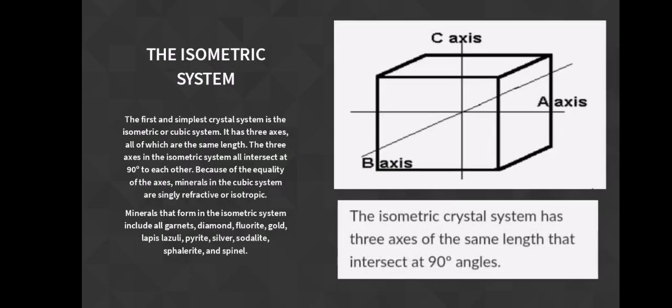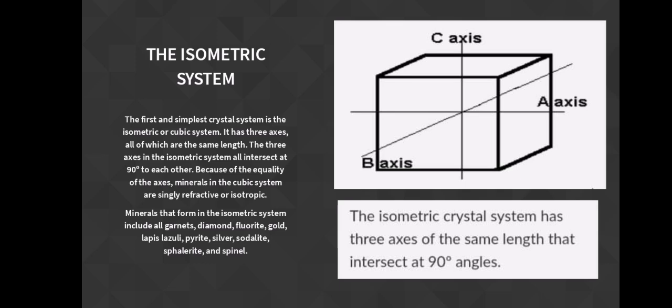So, paano i-define yung isometric system? The first and simplest crystal system is isometric or cubic system. It has 3 axes, all of which are the same length. The 3 axes in the isometric system all intersect at 90 degrees to each other. Because of the equality of the axes, minerals in the cubic system are singly refractive or isotropic.